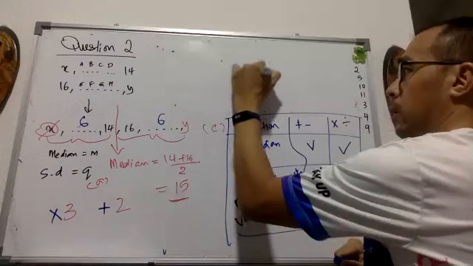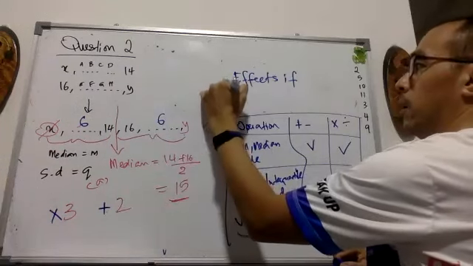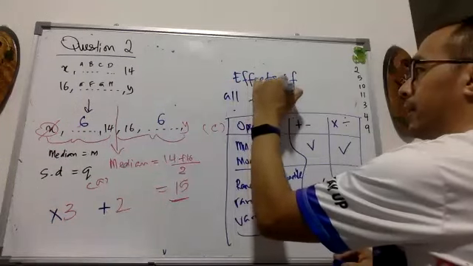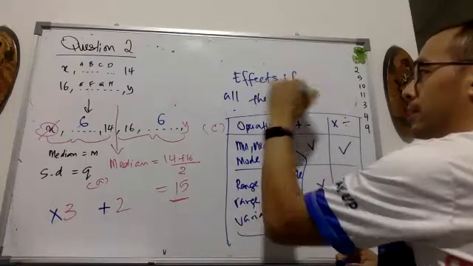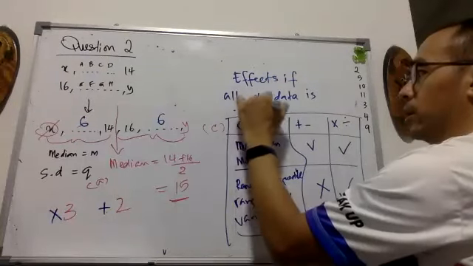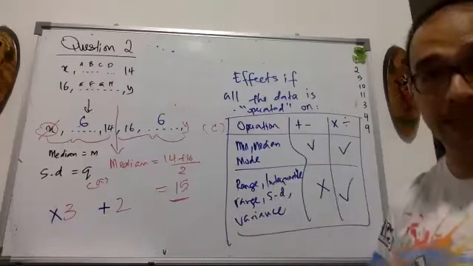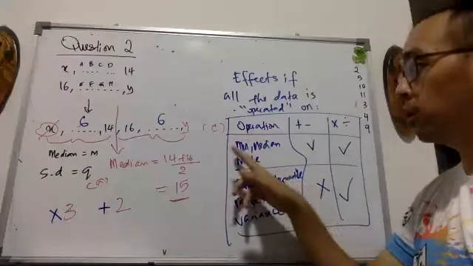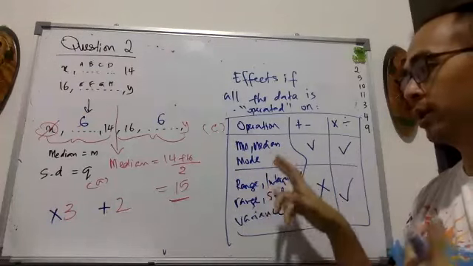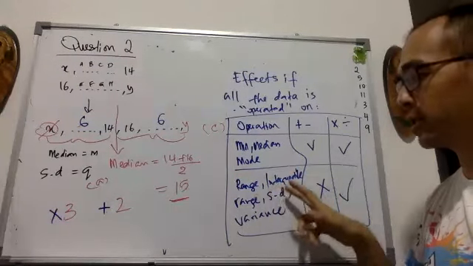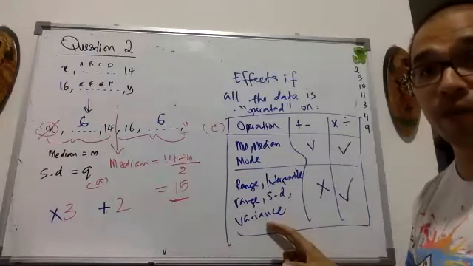X if all the data is operated on. It is the kesan terhadap the old mean, the old median, the old mode, the old range, the old interquartile range, the old standard deviation, old variance.